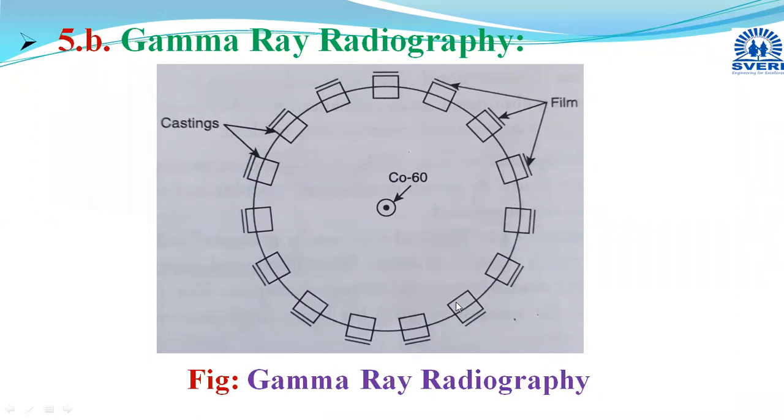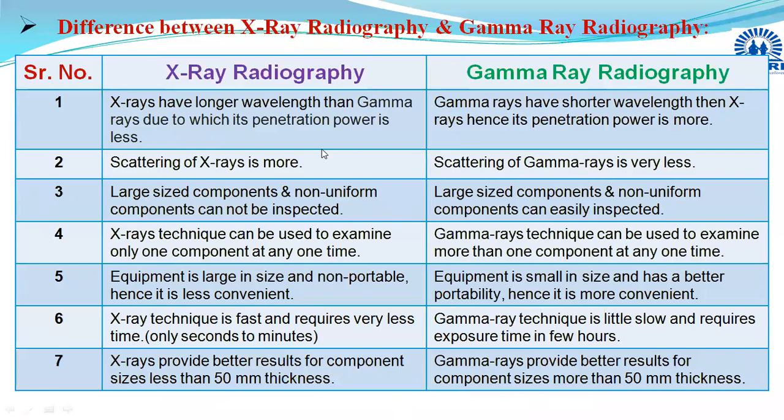In the next point, we will try to compare X-ray radiography and gamma ray radiography. Lots of times these questions may be asked: what are the differentiating points between X-ray radiography and gamma ray radiography?